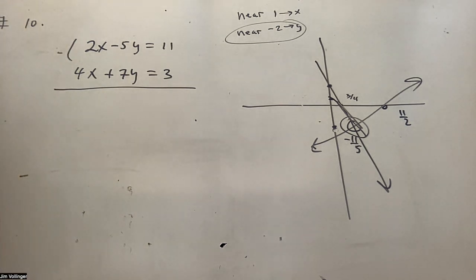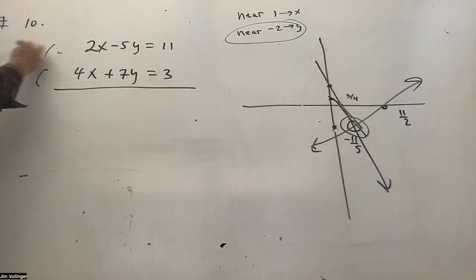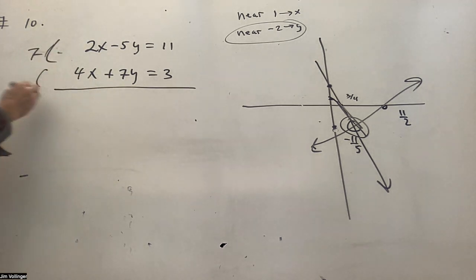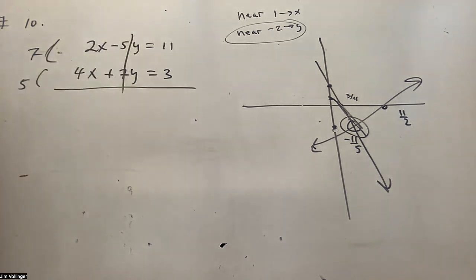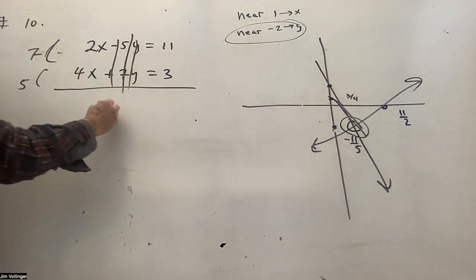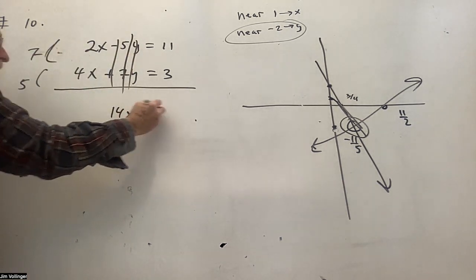Now we're going to get rid of the y's. I got a negative and a positive, so I can multiply by 2 positives here. I'll multiply this one by 7, and I'll multiply this one by 5. Negative 35, positive 35. I don't even have to do that. I'm not gonna. Okay, that's gone. 7 times 2x, 14x equals 77.